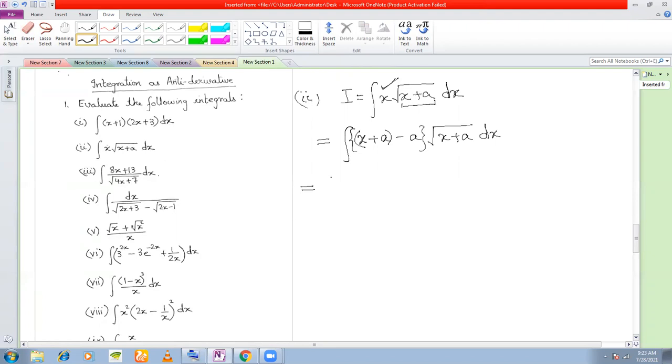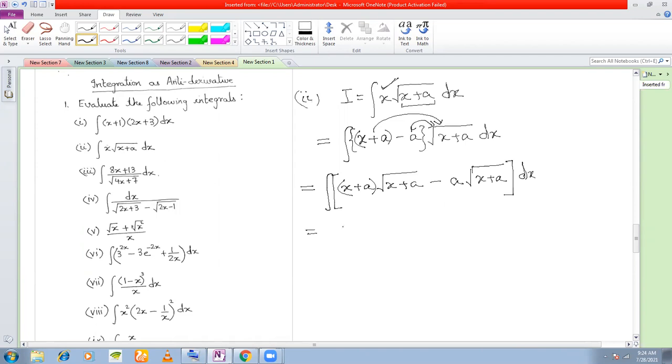Now you separate. That is, now you can write this as x plus a root x plus a, that is, you are multiplying this with this minus a, and now you multiply this with this root x plus a, all this dx.